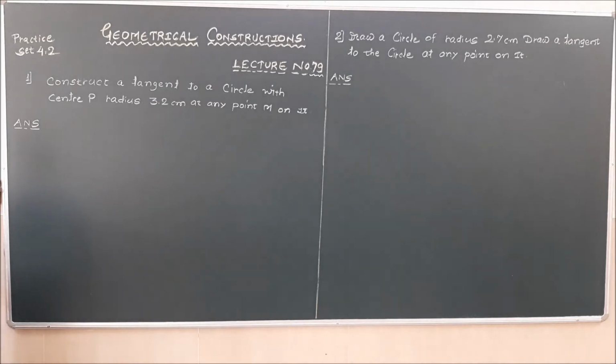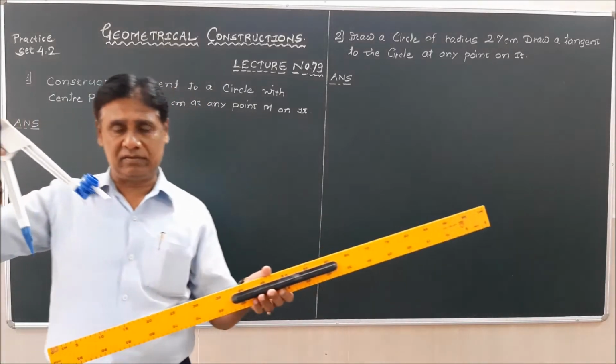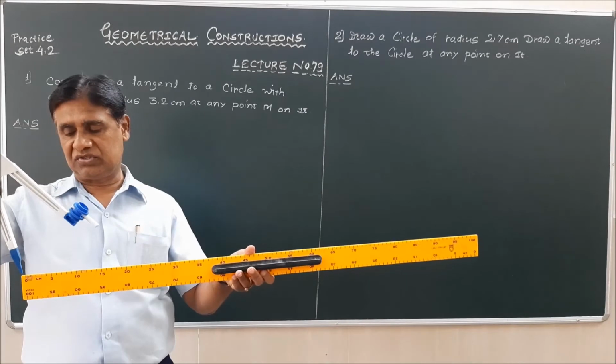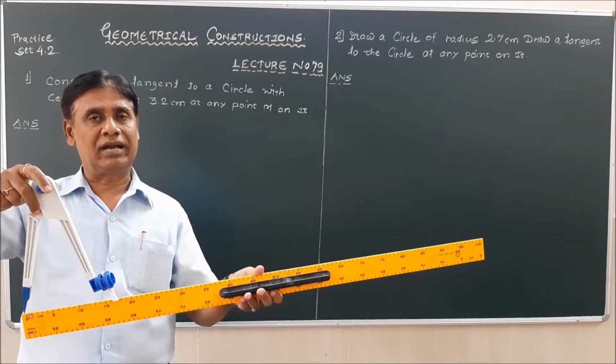Then take a distance of 3.2. While taking the distance, dear students, please make a note that you must place the metal point at 0, and then 3.2.